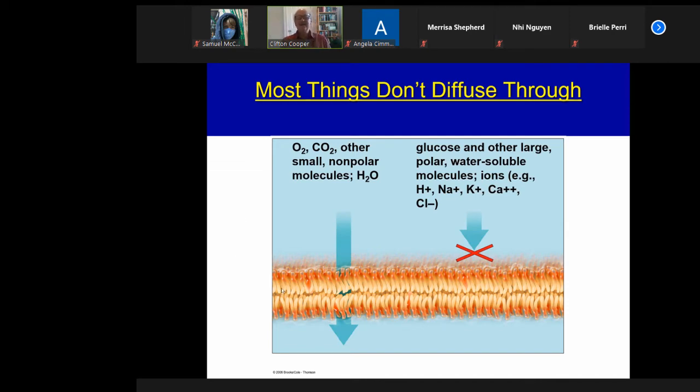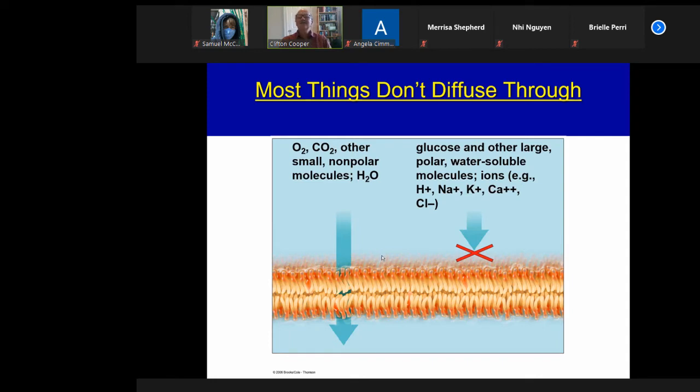And as the phospholipids are constantly moving around, little spaces open up for a moment, and a water molecule is able to zip through one of those from one side to the other. In other words, membranes are leaky to water. When it comes to O2 and CO2, it's almost like the membrane's not even there. The membrane slows down water, but it doesn't stop it. So water is able to leak through here.